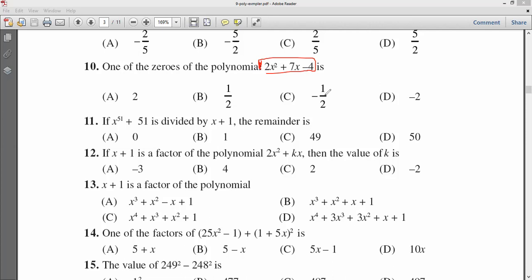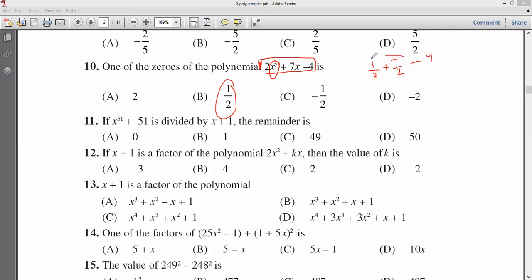So 1/2. Now let's check how that 1/2 will come here. In place of x, you write half. You'll get 1/4, and 2 into 1/4 is 1/2 only, right? Plus 7/2 and -4 here.